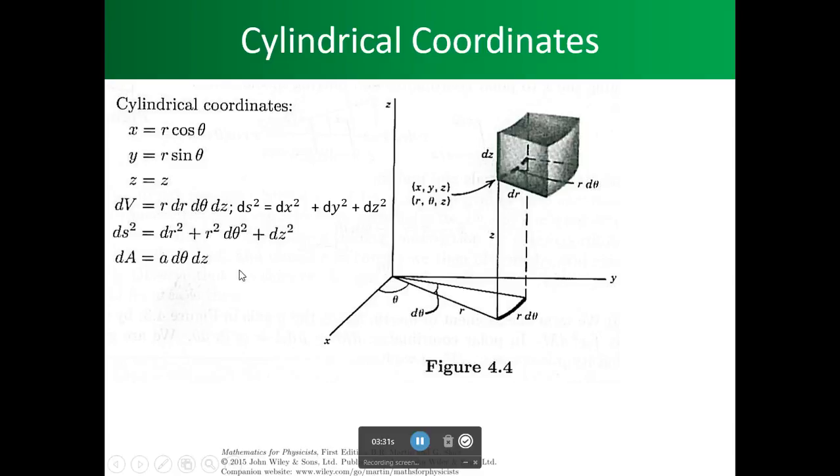So this is what our area is equal to. Once we have the area, like we had before in two dimensions, then we can add a dz.